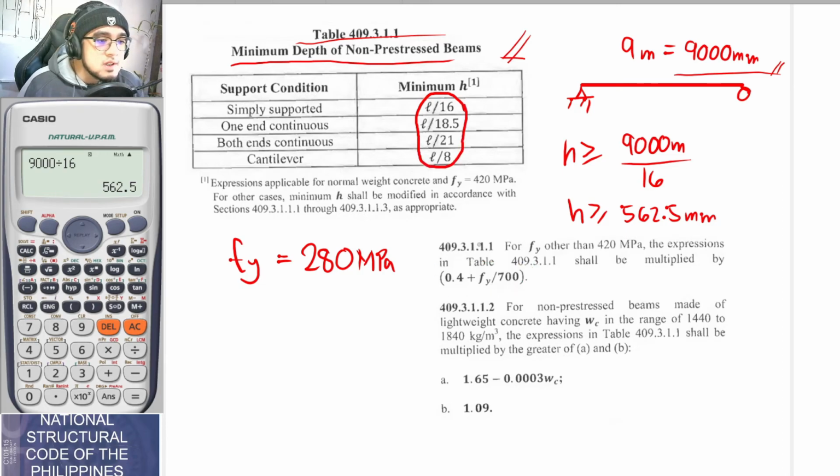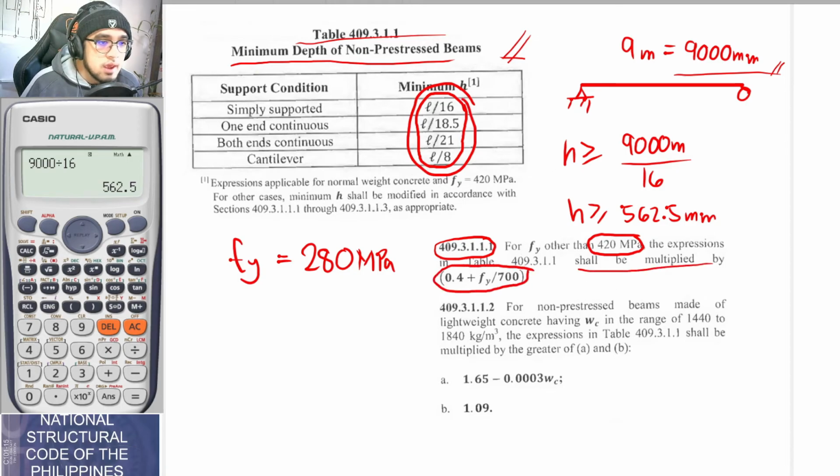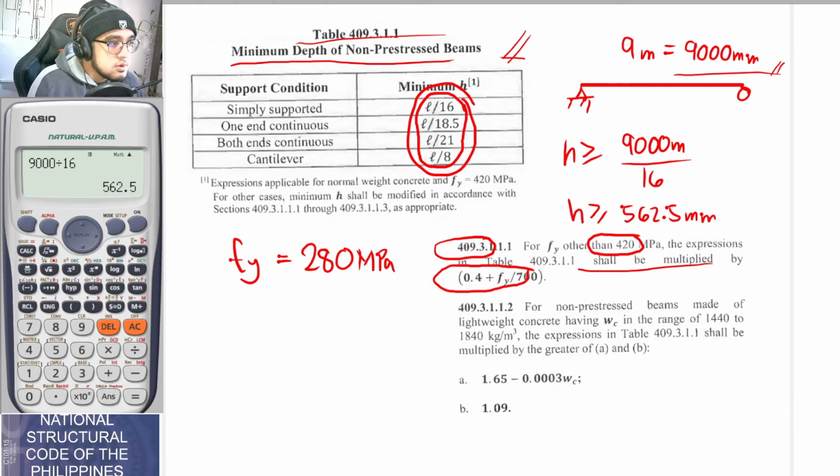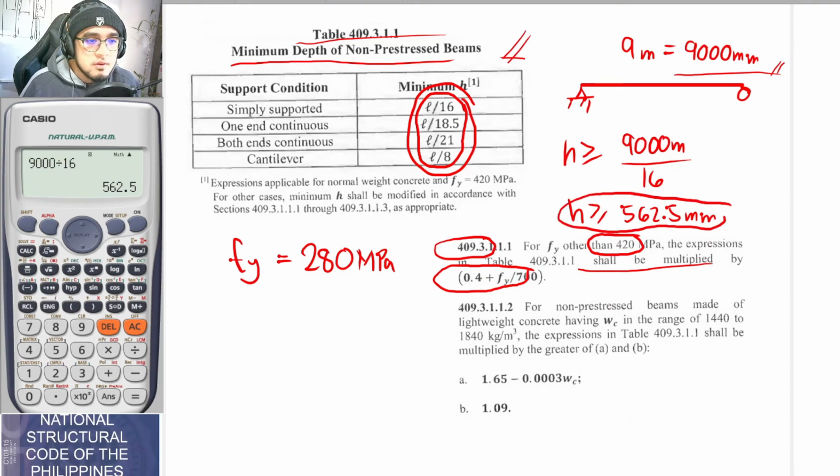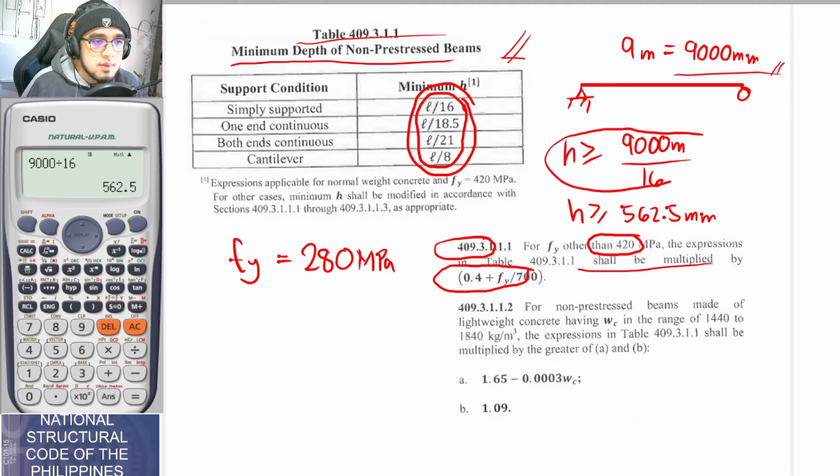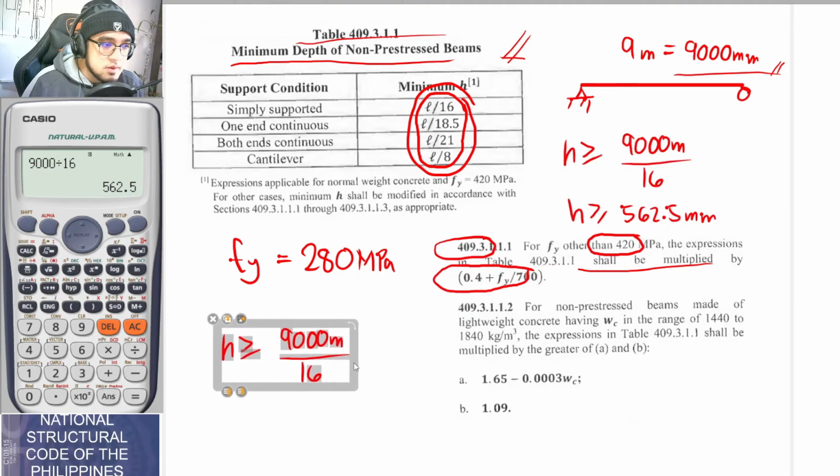Because according to NSCP 409.3.1.1.1, for Fy other than 420 megapascals, the expression in the table shall be multiplied by this factor. So for example, in the one that we have solved, 9,000 divided by 16, I will just copy this.